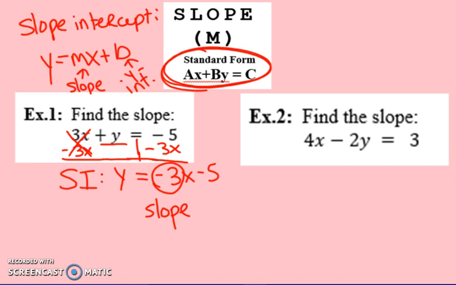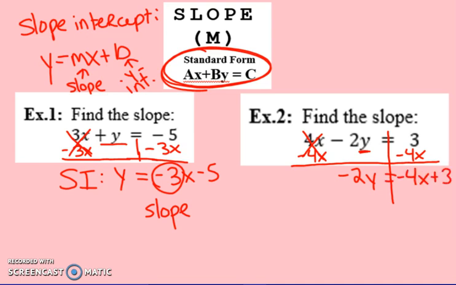When we look at example number 2, again, we want this y by itself. So I'm going to start by subtracting the 4x. Inverse operations tell me those cancel. I'm left with -2y equals -4x plus 3. Y is still not by itself. It's being multiplied by -2. So I need to divide both sides by -2.